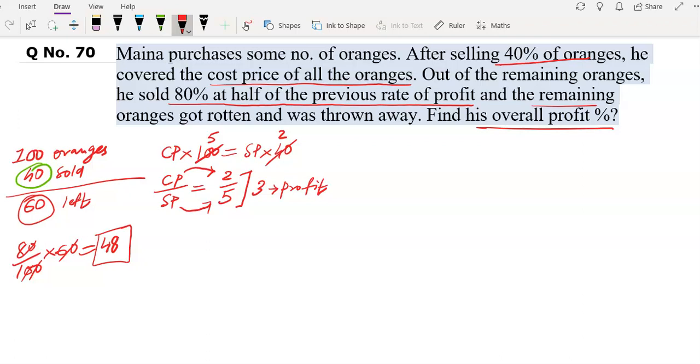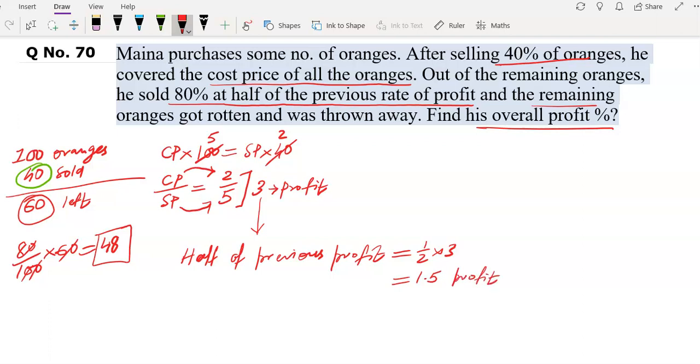So previous rate was how much? The profit was 3. So half of the previous profit will be how much? Half into 3 will give us 1.5 profit.